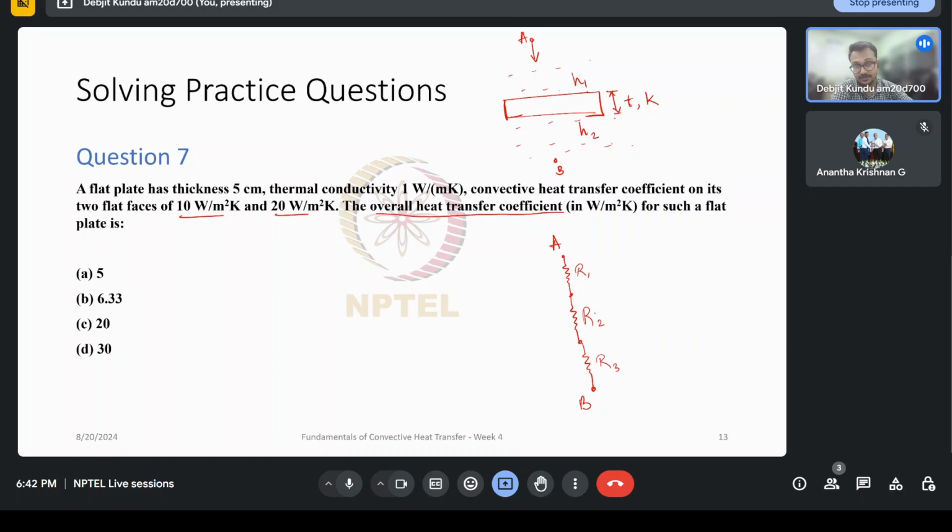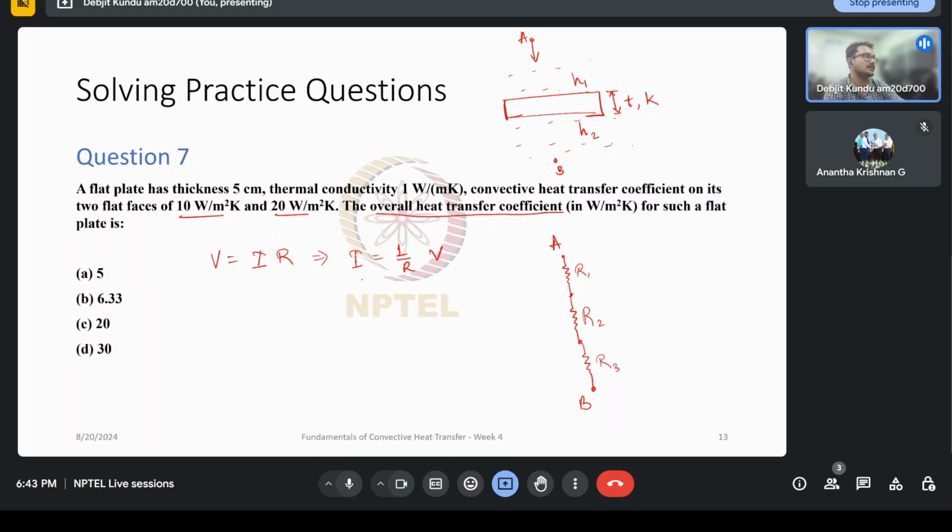So the question becomes: what is the overall or the equivalent resistance? In heat transfer, since we're drawing an analogy with electrical circuits, I'll start with Ohm's law, which tells us that V equals IR, or I can write it this way: I equals 1 by R into V, where 1 by R is the conductance, 1 over resistance, into the voltage difference.